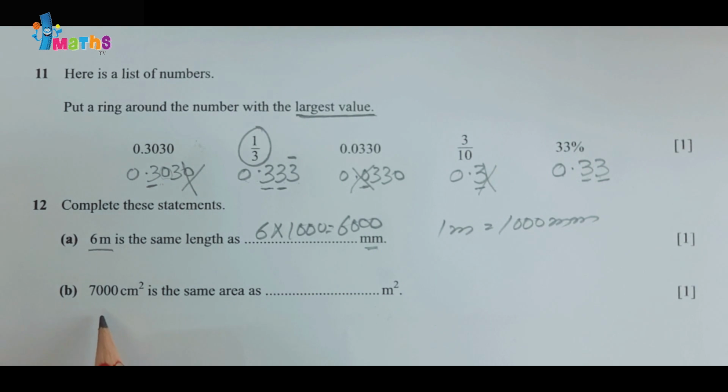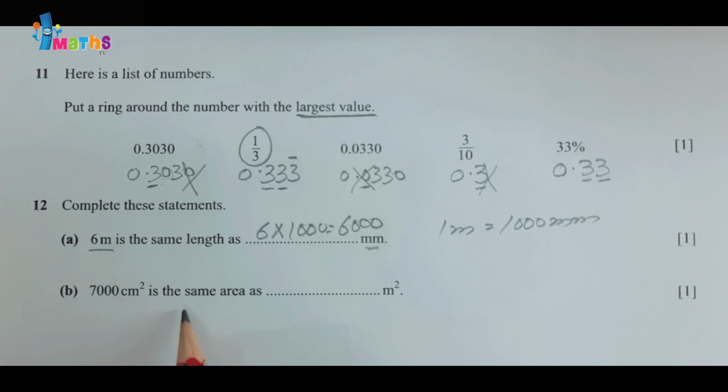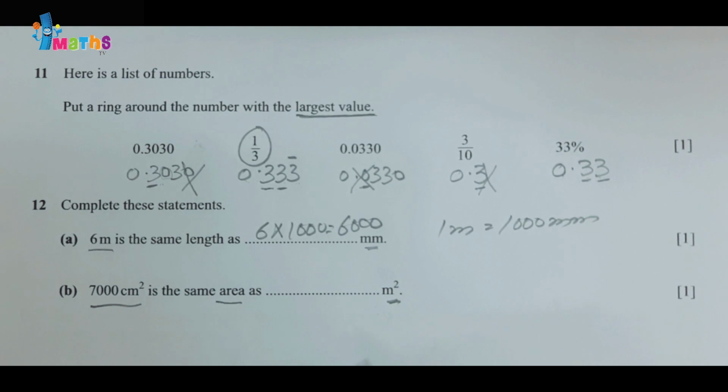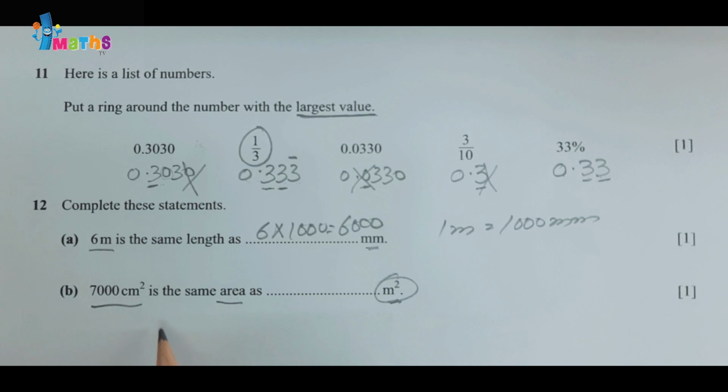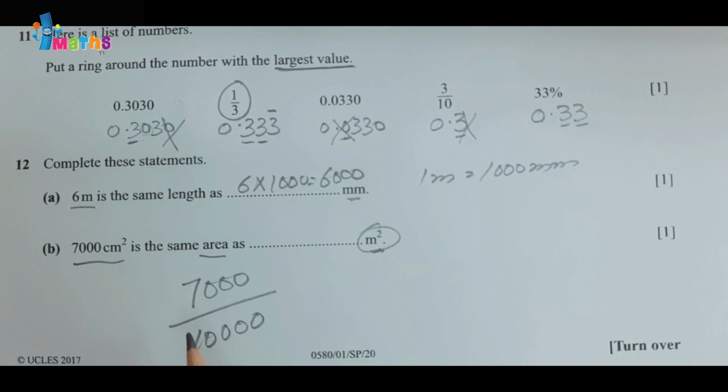B part: 7000 centimeters squared is the same area as we'll have to write in meters squared. So again, conversion of units, centimeters squared to meters squared. So 7000 divided by 10,000.